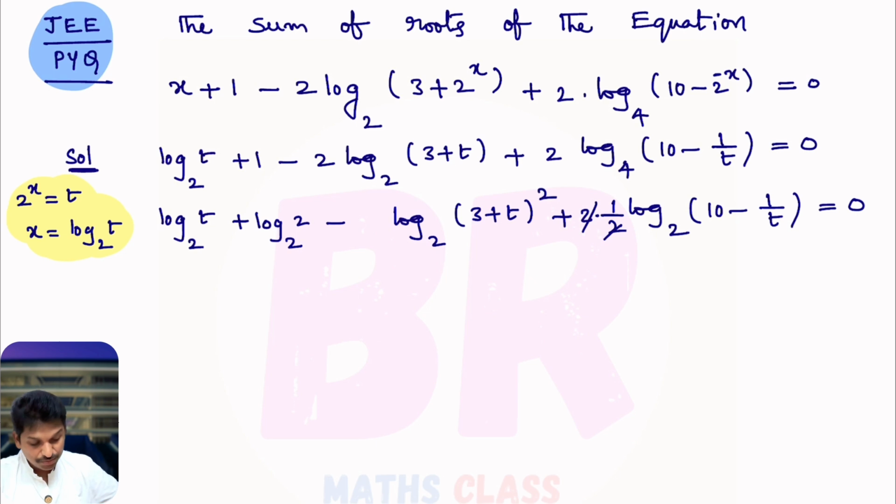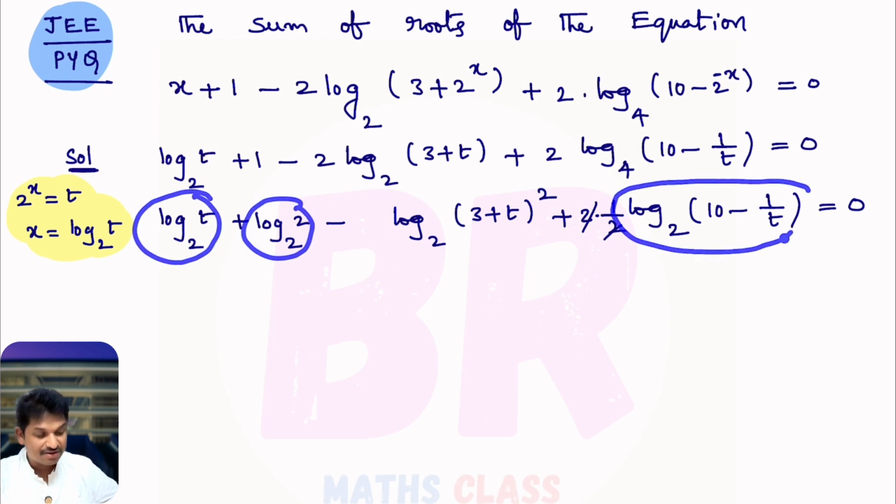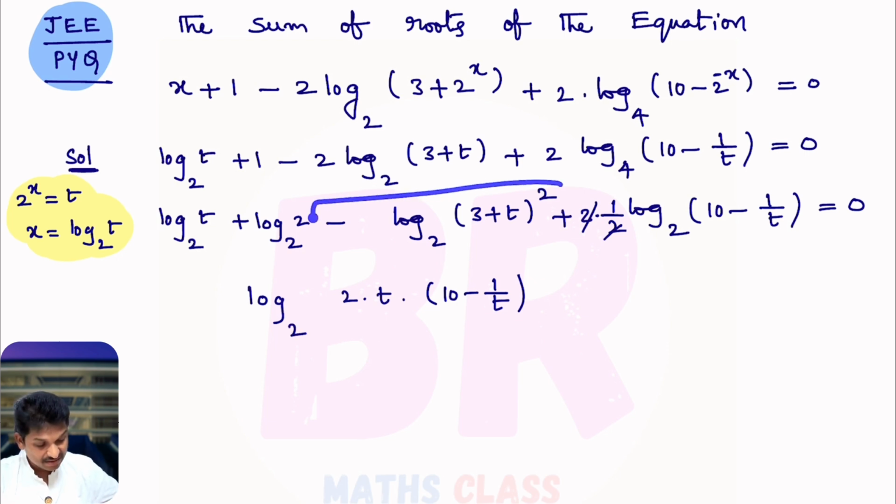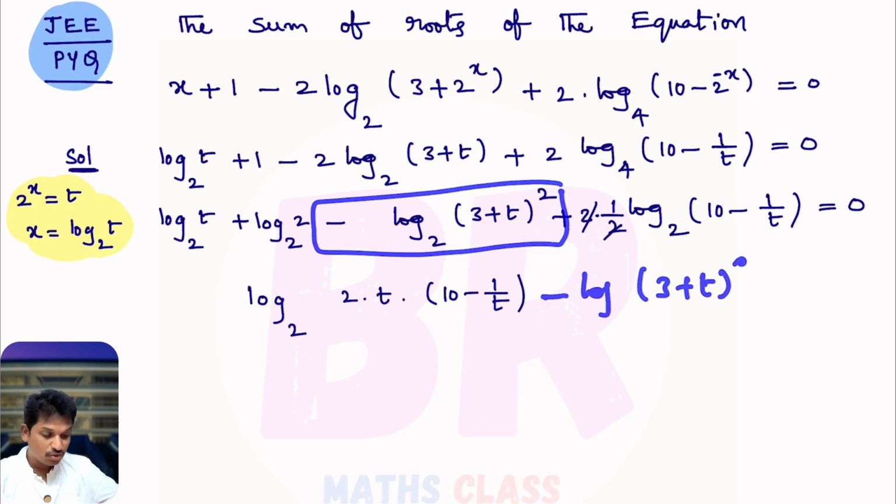Now you observe log a plus log b plus log c. Log a plus log b plus log c is what? Logarithm of abc. So logarithm of 2 into t into 10 minus 1 by t base 2. And you see here minus is there, minus logarithm of 3 plus t whole square base 2.